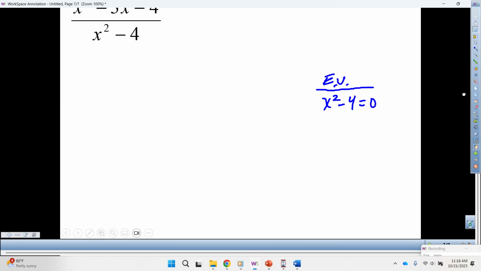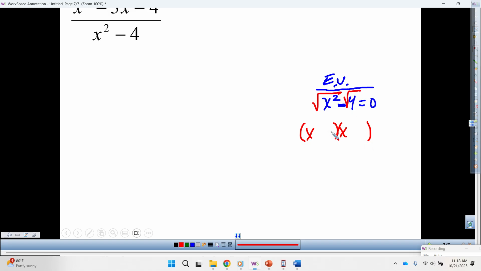Okay, so let's do that. Since it's not a trinomial, it's a binomial, and it's a difference or subtraction, let's see if we can find the factors. What is the square root of x squared? x times x. What is the square root of 4? 2 and 2. Since this is a difference of squares, one of them is positive, the other one is negative, and we set that equal to 0.